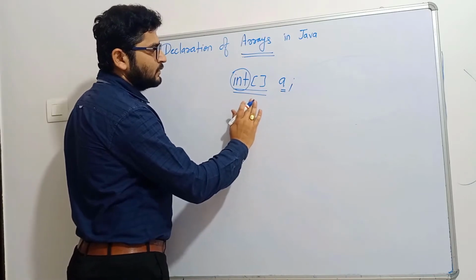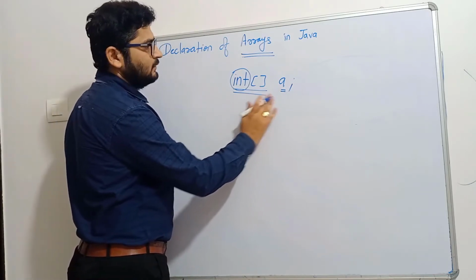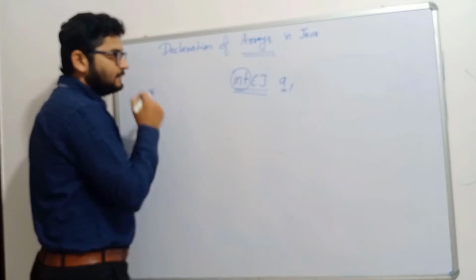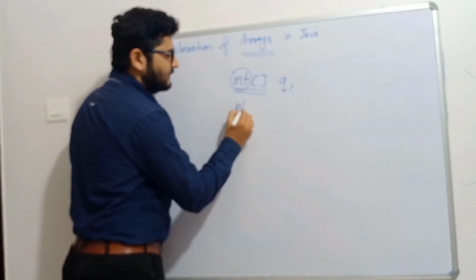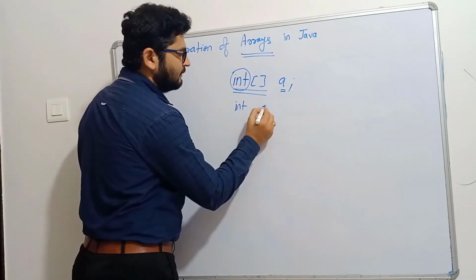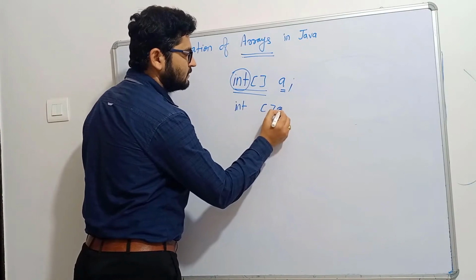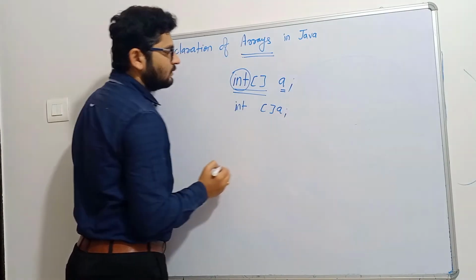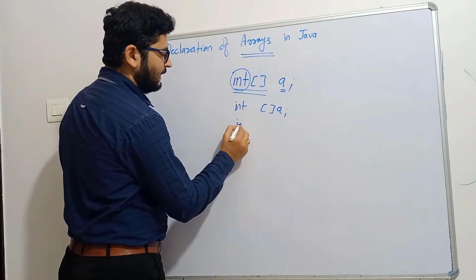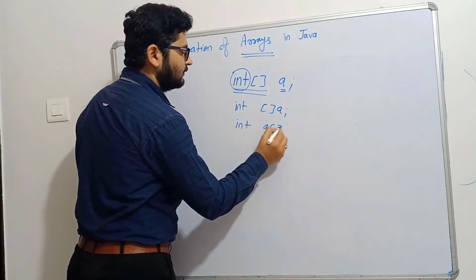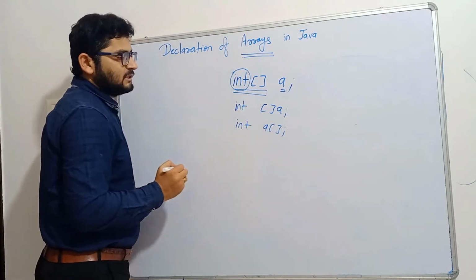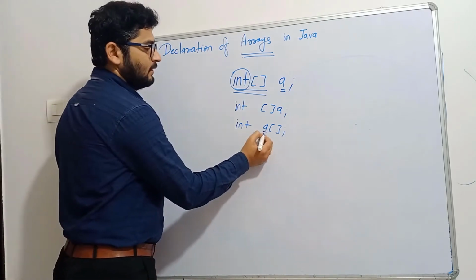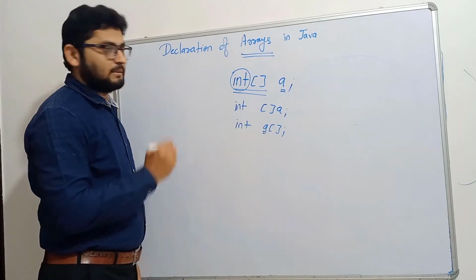Here it is the data type, then you give opening and closing square brackets, then A. Another way of doing the same in Java is to give the opening and closing square brackets before the name of the variable, and you can even give the dimension after the name of the variable.